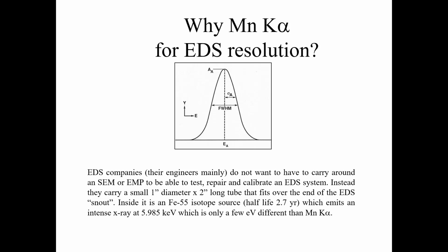Inside it is an iron-55 isotope source, which has a half-life of 2.7 years and emits an intense X-ray at 5.985 kilo electron volts, which is only a few electron volts different from the manganese K alpha. That is the key reason why manganese K alpha is used for EDX resolution.